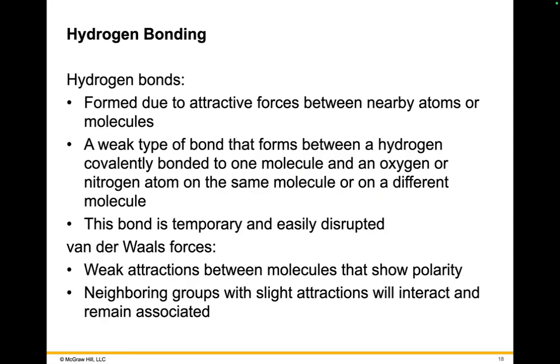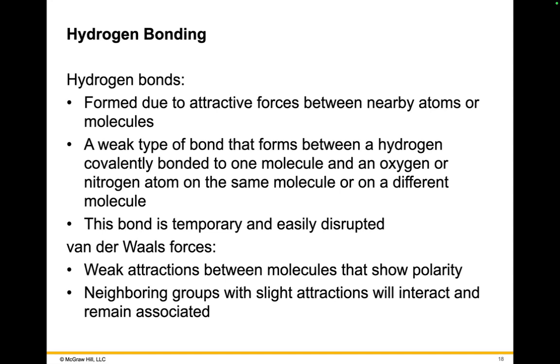So when we say a hydrogen bond, this is going to be this attraction between these opposite charges of nearby atoms. And so it is a super weak bond that forms between hydrogens of one molecule and either oxygen or nitrogen of a different molecule.